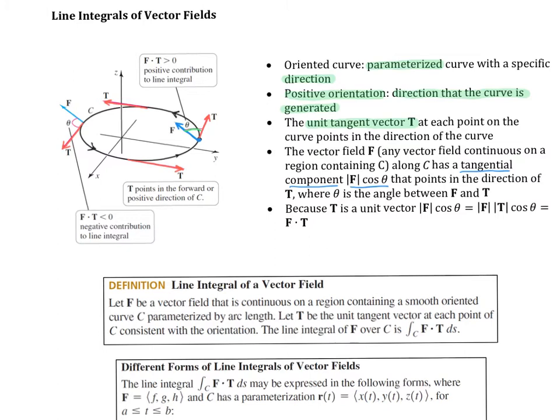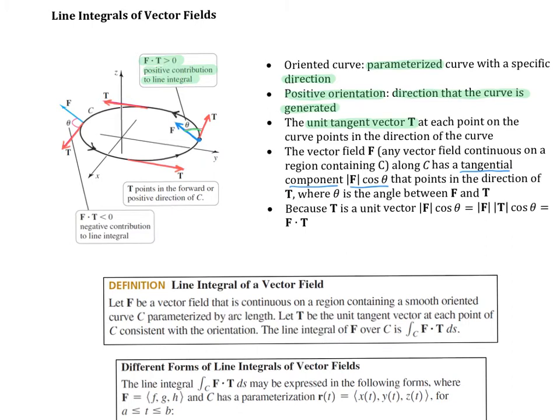If it turns out that the dot product is positive, or greater than 0, because again, when we have two vectors, it makes sense to talk about things like their dot product or their cross product, we'll say that there's a positive contribution to our line integrals. Remember, our line integrals can be negative, positive, or 0.